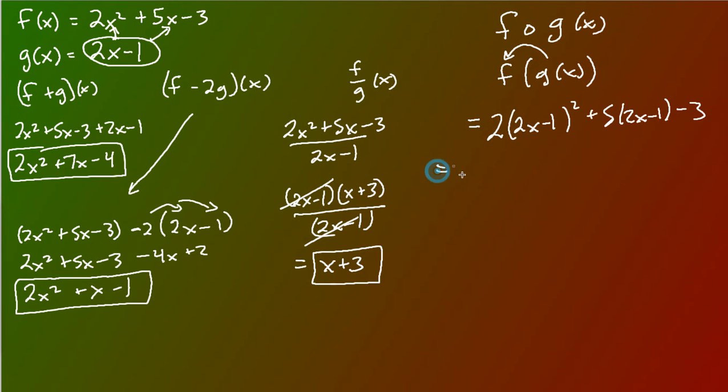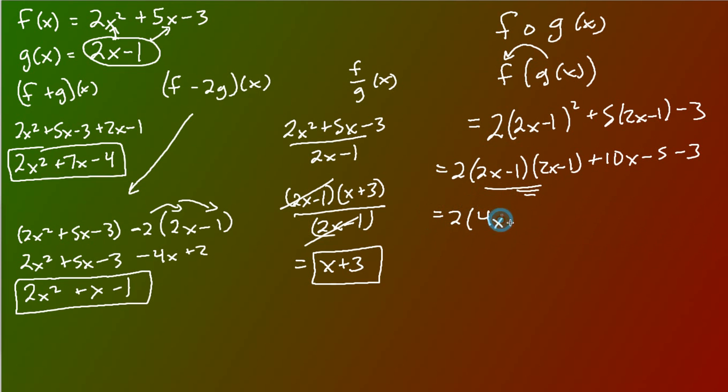Exponents first. So 2x minus 1 times 2x minus 1. Do not distribute this 2 and do not distribute this exponent. I'm going to go ahead and multiply that 5 out. Now I multiply this. So always deal with this little piece first before the times 2.